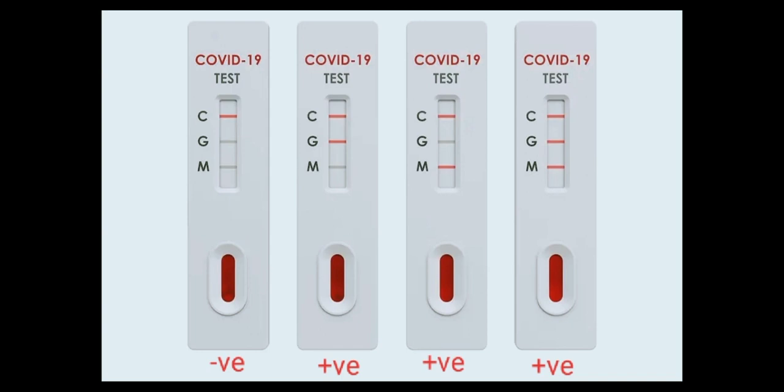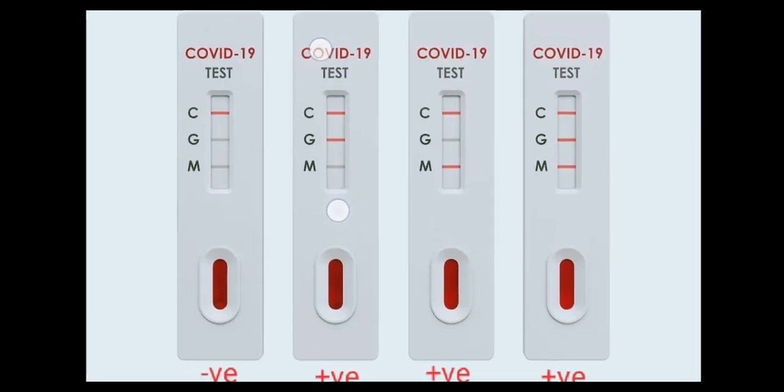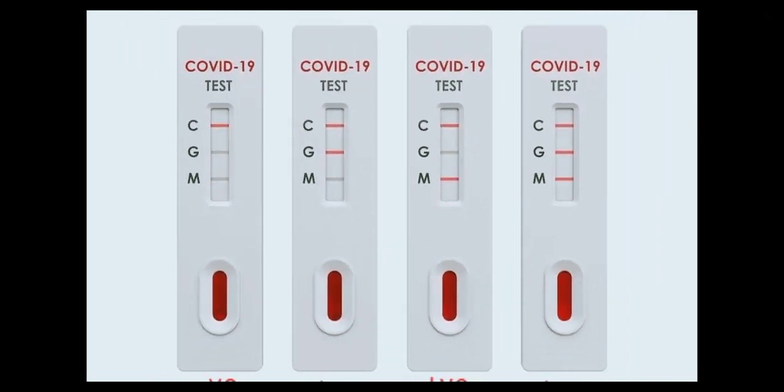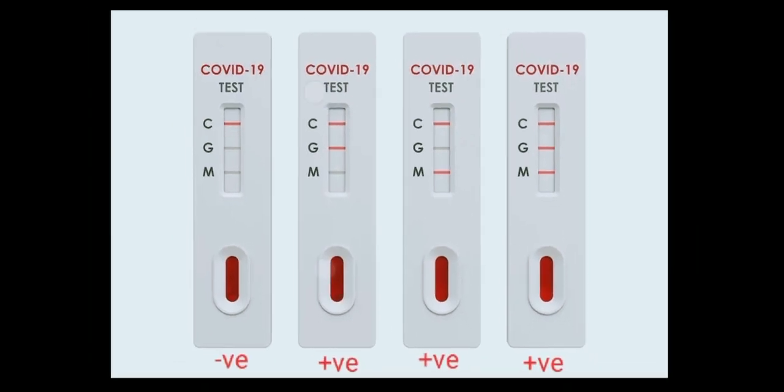Now let's see the second test kit. Here there is a red line in the antibody site IgG and the control section also, which indicates that you have been infected with the coronavirus previously. Now if you encounter it a second time, you need to be in quarantine or self isolation. So this was the clear concept here.